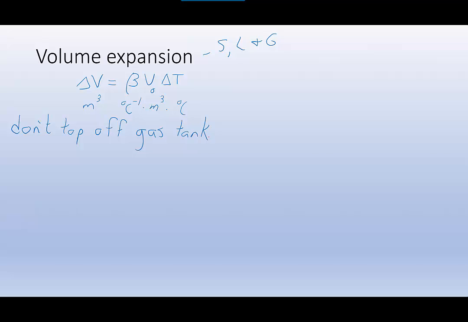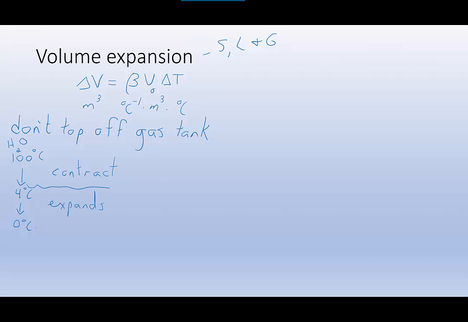When water approaches 4 degrees Celsius from higher temperatures, so let's say that we are at 100 degrees Celsius and we go down to 4 degrees Celsius, it will in fact contract. However, between 4 degrees Celsius and 0 degrees Celsius, when it becomes ice, it expands.